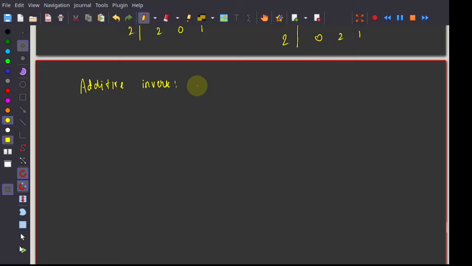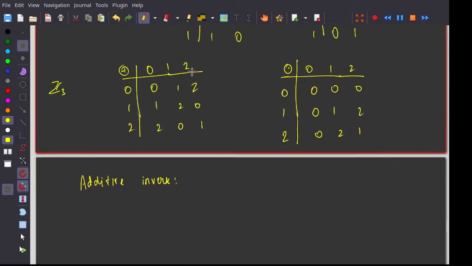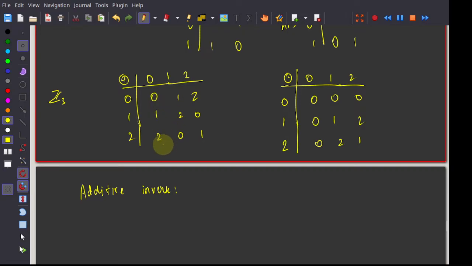Minus 1 won't exist, but minus 2 is not really in the set, right? That is why you have to think about it more carefully. What exactly does it mean to be an additive inverse? So you look at this particular table. What is an additive inverse?